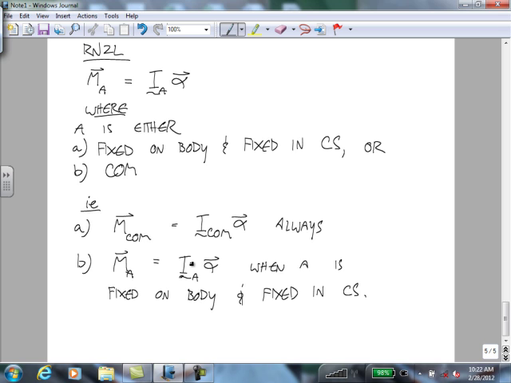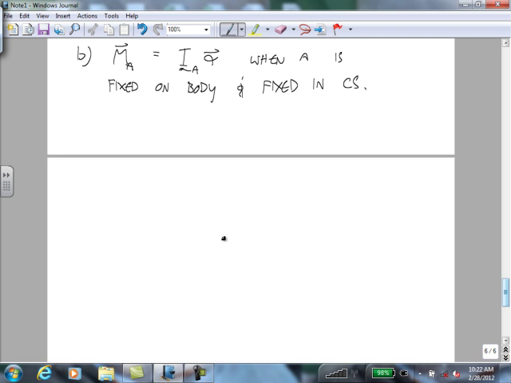Actually, they're the same thing. Angular acceleration and angular velocity are properties of the body that don't have anything to do with any reference point. They're just how quickly the orientation of the body is changing. So the angular acceleration doesn't care if the body's moving around a big circle or just rotating in space. It only matters how its orientation is changing. And that's the same for both of those.